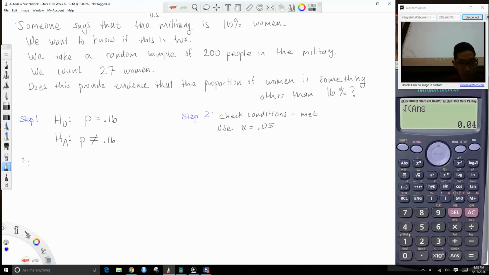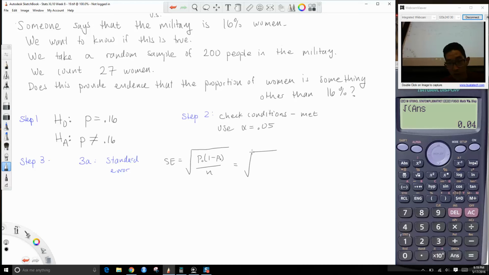So step 3 is to get our p-value. We'll start with 3a, our standard error. So our standard error is going to be the square root of P0 times 1 minus P0 divided by n.